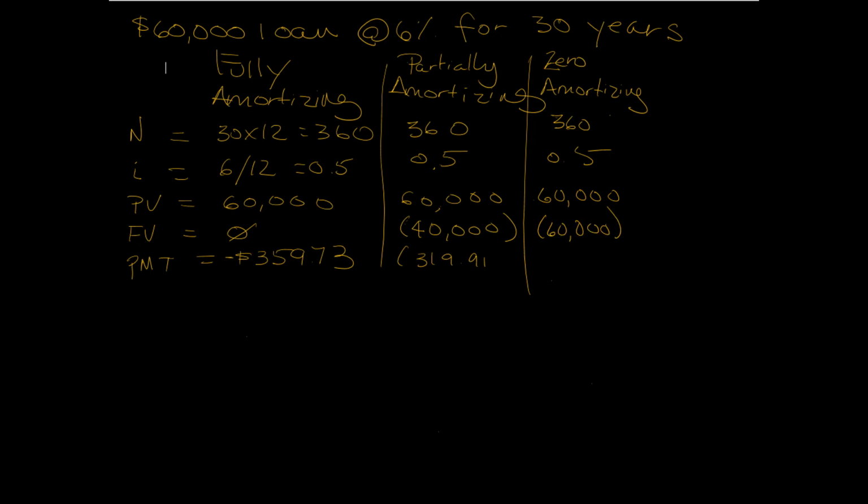The present value will still be $60,000. But now the future value is negative $80,000 because we're going to have an $80,000 balloon payment due at the end of 30 years. If we solve for payment, we get a payment of negative $280.09.